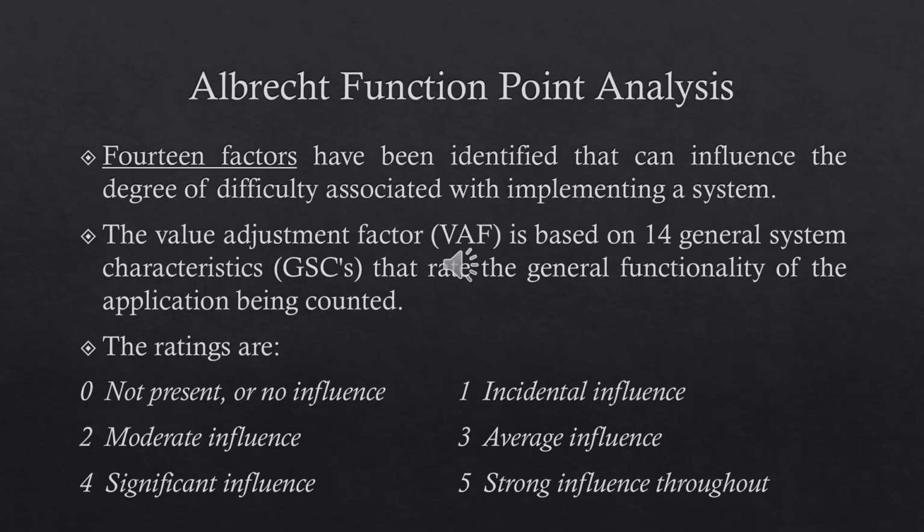Value 4 denotes significant influence. And the value 5, the degree of influence is maximum, that is strong influence throughout. So the ratings are no influence, incidental influence, moderate influence, average, significant, and strong influence throughout, on a scale of 0 to 5.